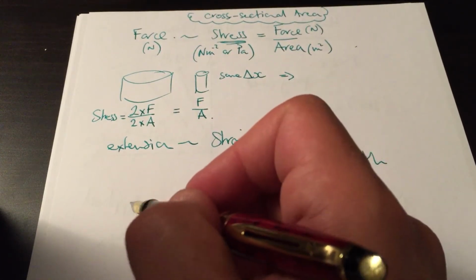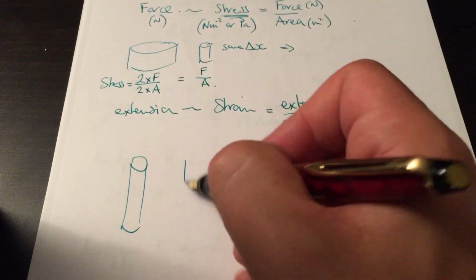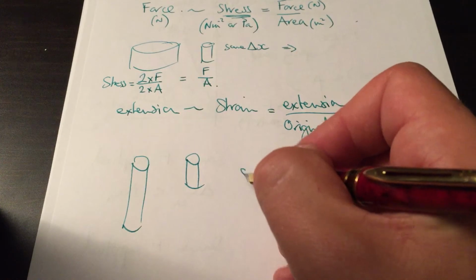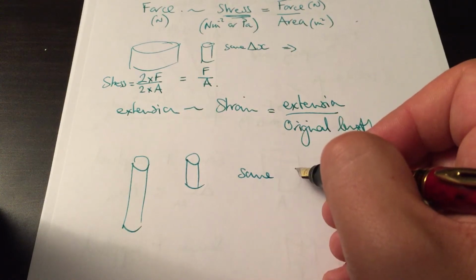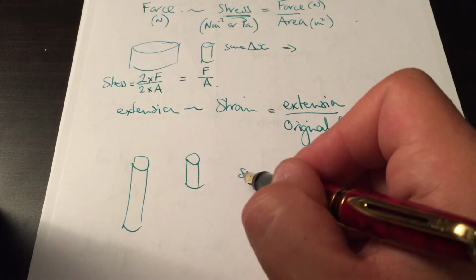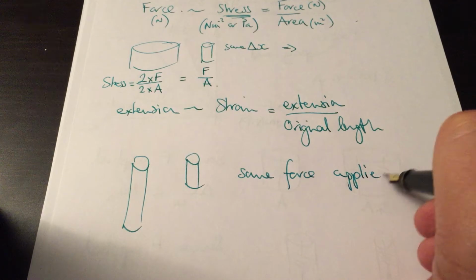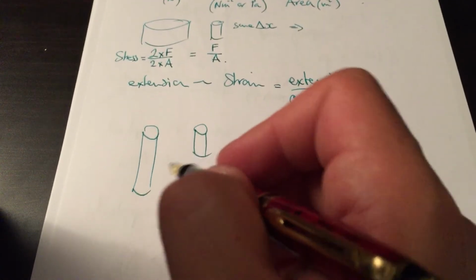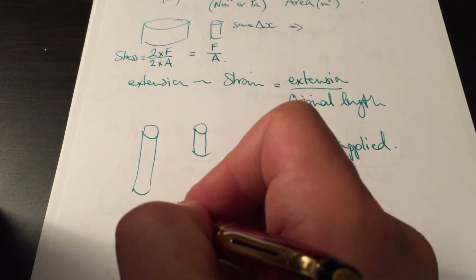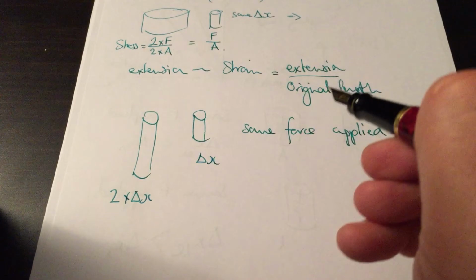Good. Once again, we have a long spring or piece of wire and a short piece of wire. In order to achieve the same force, if we apply the same force, then this one would stretch, the delta x would be twice as much as this one.